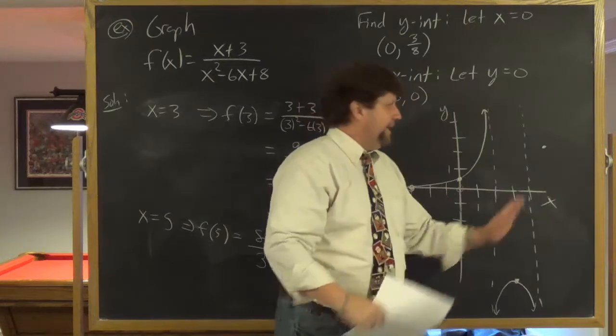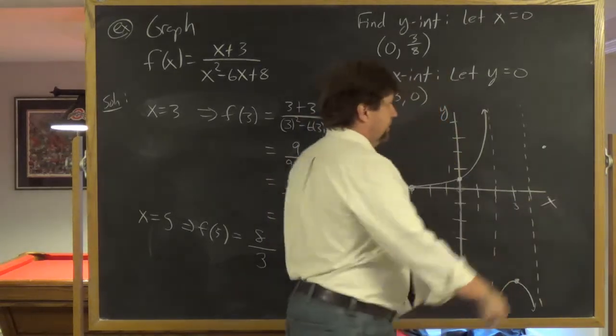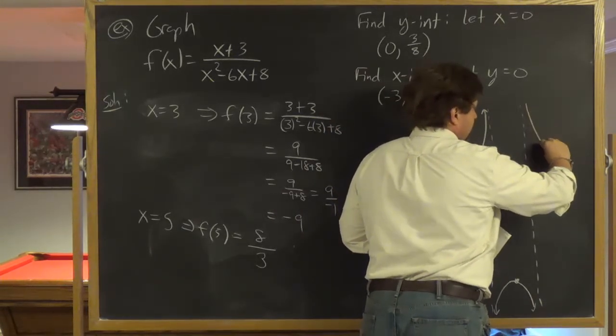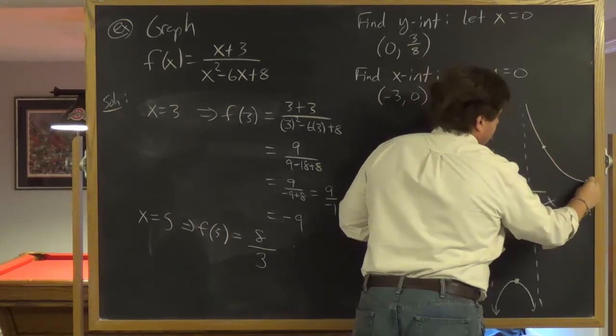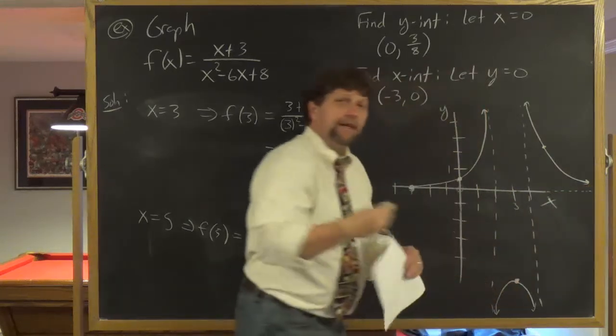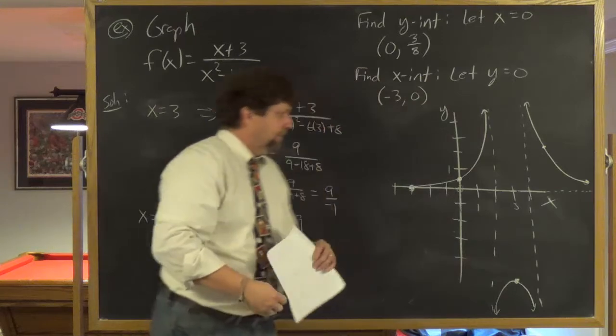Now I definitely have a good idea of what's happening for the graph to the right of this vertical asymptote. The graph has to be hugging this vertical asymptote. It's going to go through that point, and then it's going to hug the x-axis, because remember, the x-axis was the horizontal asymptote, y equals 0.